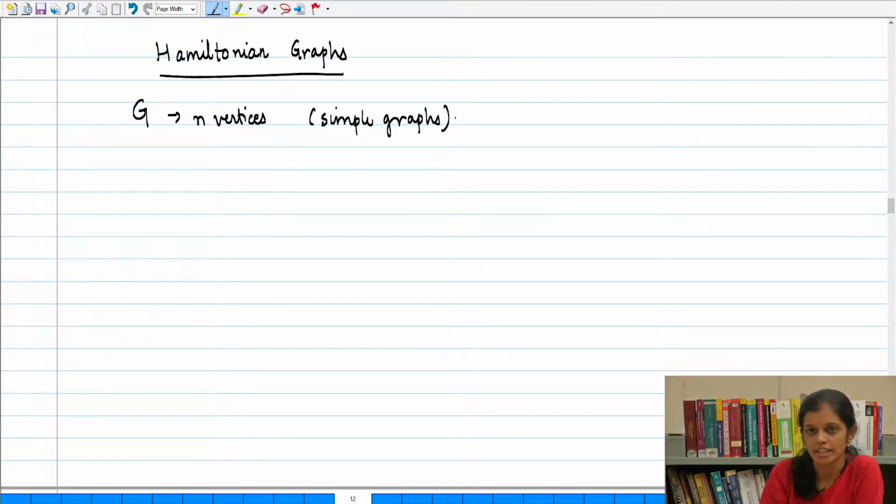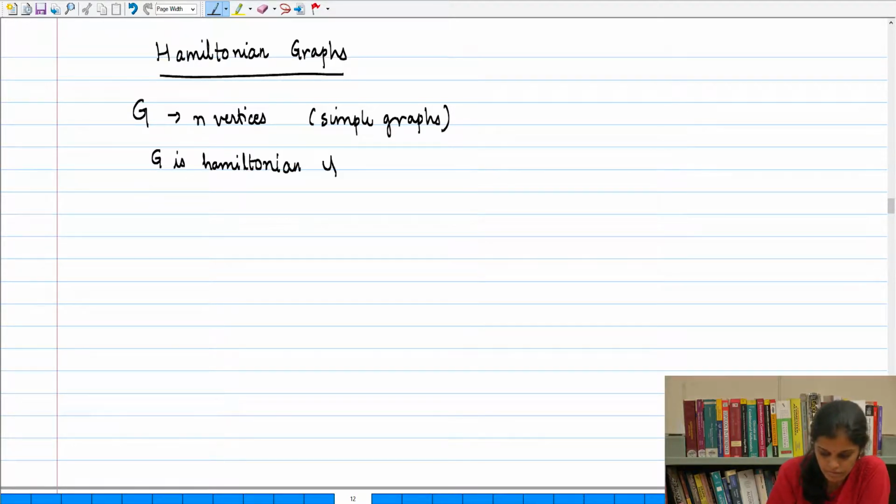A graph G is said to be Hamiltonian if it has a simple cycle which covers all the vertices of the graph, which is also called a spanning cycle, right? So G is Hamiltonian if G admits a simple spanning cycle.